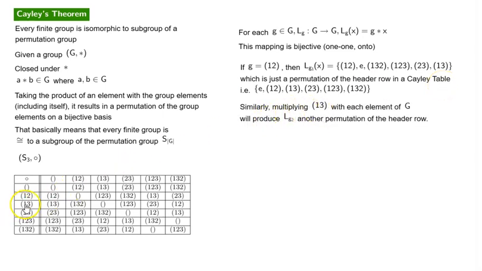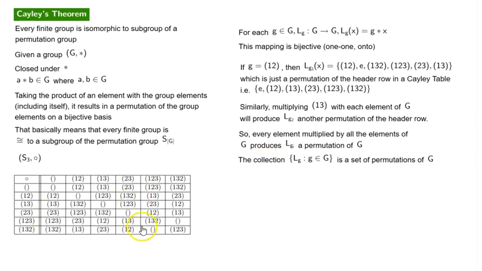Similarly, multiplying r3 with all the elements of the group gives us another permutation of the header row. So every element multiplied by all the elements of G produces a permutation of G. The collection of these rows is a set of permutations of G. So these permutations form a subgroup of the symmetric group S sub order of G.